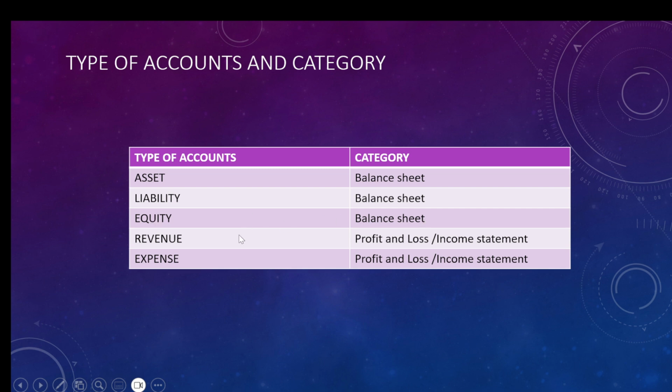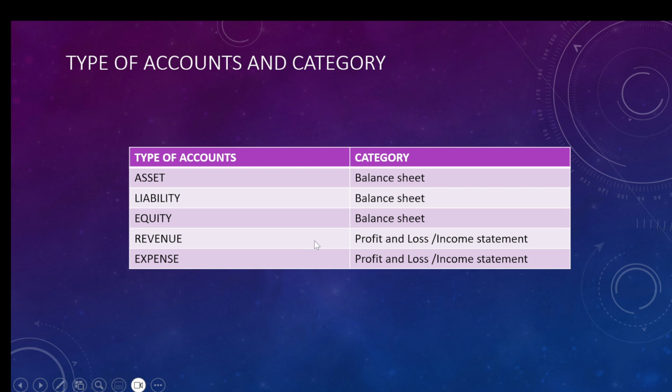So, what is revenue? Revenue is part of the profit and loss statement, the statement of operations or income statement. Now, what is an example of revenue? I sell a spare part to a customer, so I get some revenue.